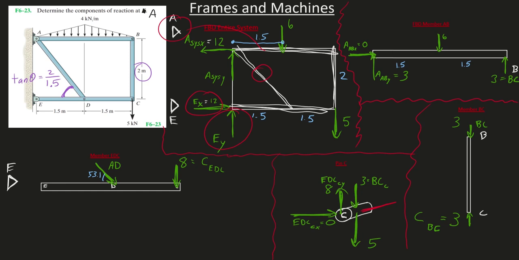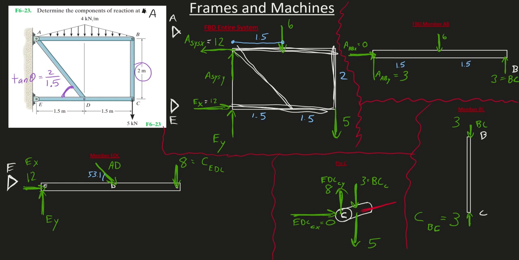So that's why pin A was so complicated. But EDC isn't, or E isn't. So we're going to have an EX, and that's the 12, like we already know. And EY is unknown, and I assumed it going up in my main FBD, so I keep that assumption here.